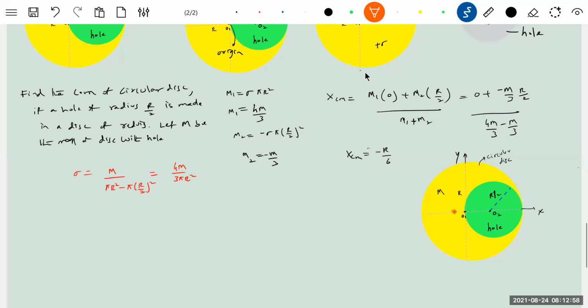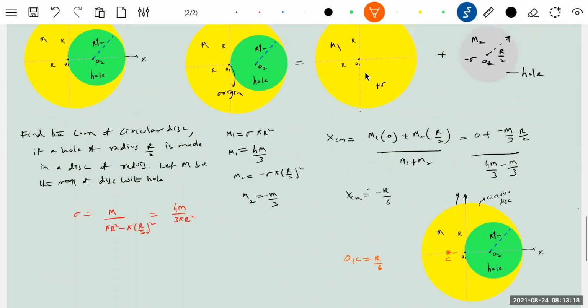This will be the center of mass. So O1C will be r by 6.